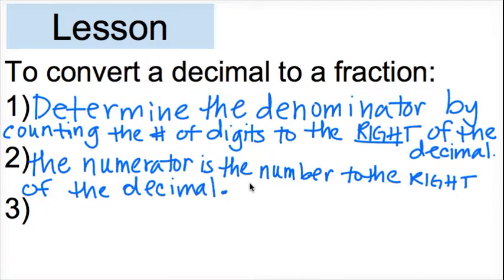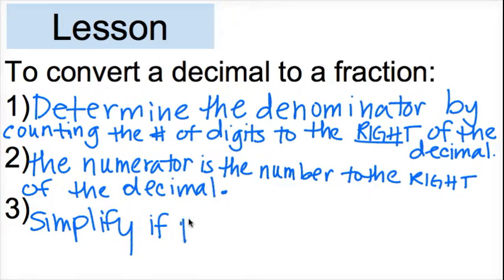So for the denominator, we count how many digits are behind the decimal. For the numerator, we actually look at the numbers that are to the right of the decimal. And step 3, simplify if possible.